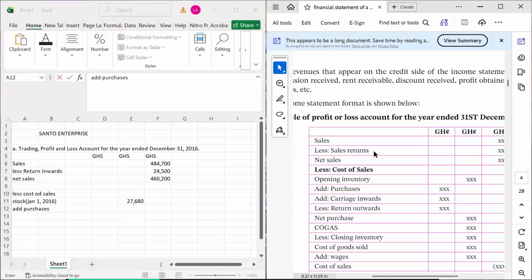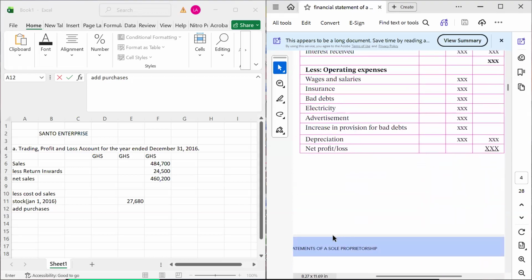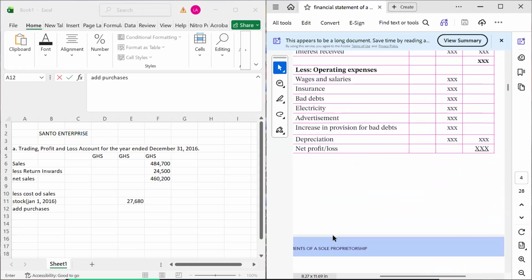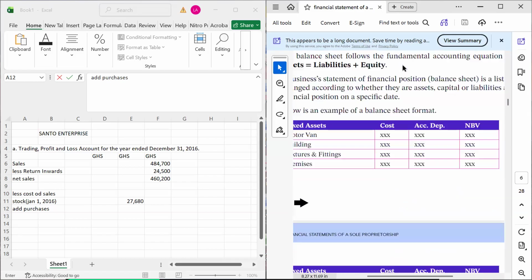You bring less sales return, that is the same as return inwards, then you get your net sales. Then cost of sales is opening inventory. It's the same as what we have there as stock at the beginning, January, which is this. Then you add purchases, you add carriage and less return. Now you get it. So if you don't know what to do, look at this and learn how it follows each other.